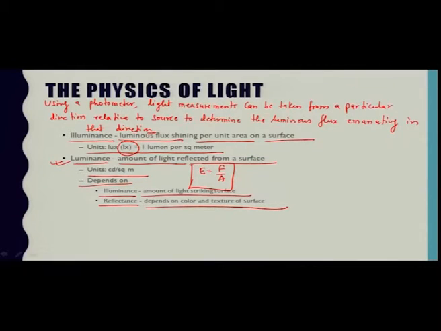So E equals F by A, where E is the illuminance, that is expressed in lux, and F is the luminous flux, that can be defined in lumen, and A is the area of illuminated surface, that can be defined in meter square.